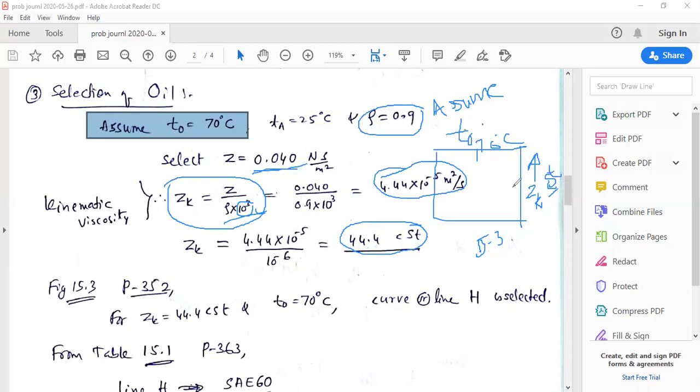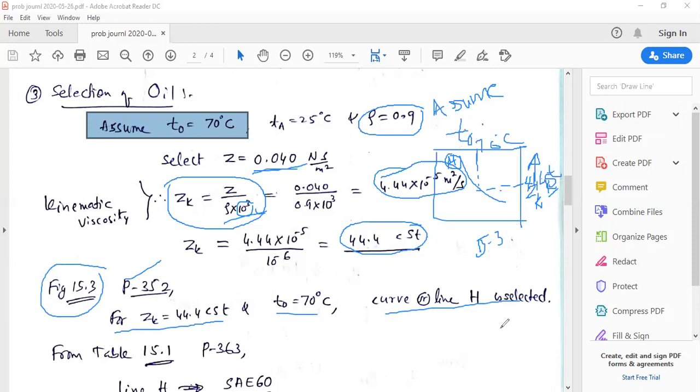Using this 44.4 centistoke and the operating temperature of 70 degrees centigrade, the projection of these two points will intersect at a particular curve, and the name of that curve or line is H, by referring to the figure. So for Zk value 44.4 cSt, that is centistoke, and operating temperature of 70 degrees centigrade, by referring to figure number 15.3 of page number 352, the curve selected is H.